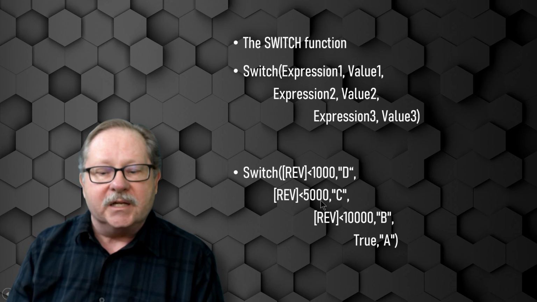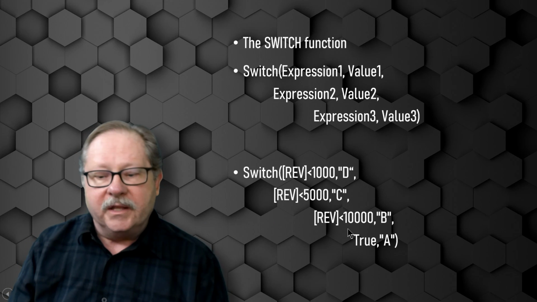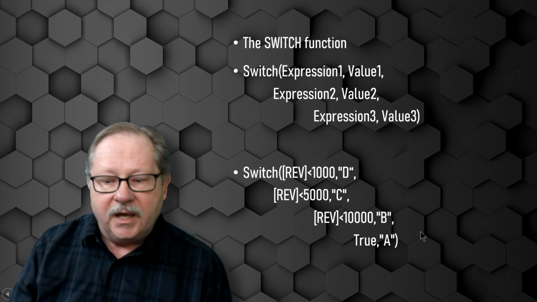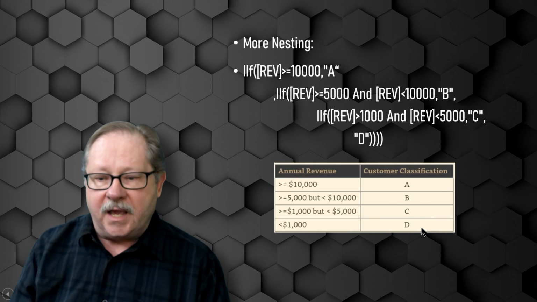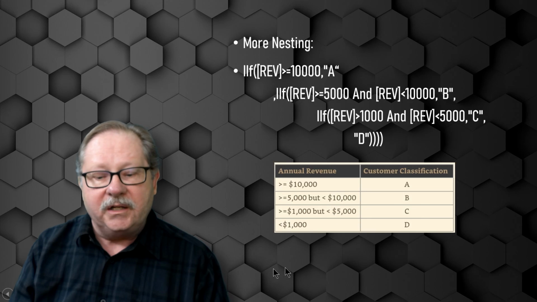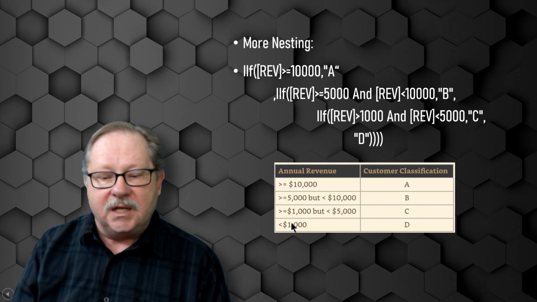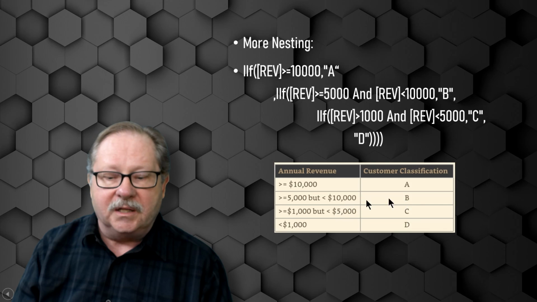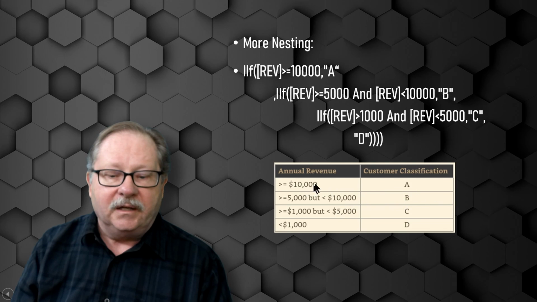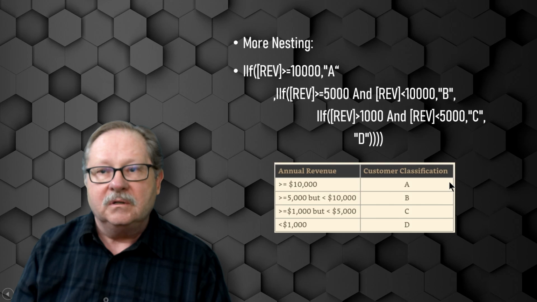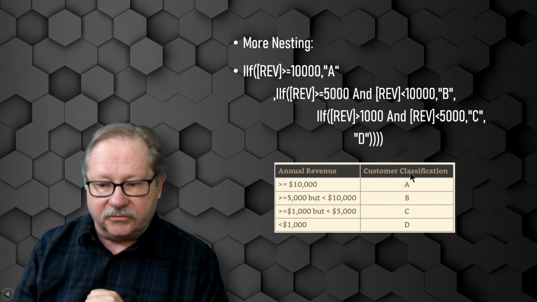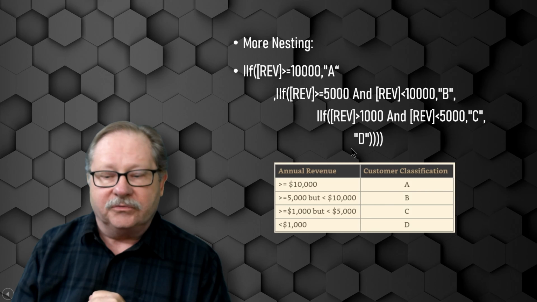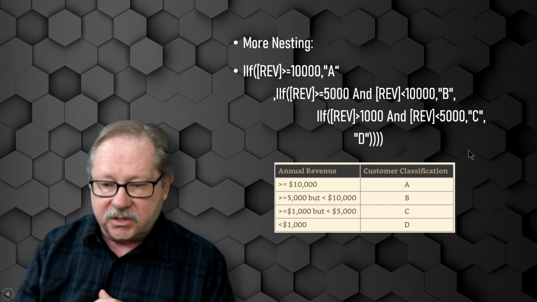Now we'll eliminate the next band under 5,000, then we'll do it under 10,000, and then we'll just say the rest of them are true and give the last one an A. So essentially what we've done here is start with the D, less than 1,000, then the C, less than 5,000, B, less than 10,000, A, greater than 10,000. And we've given all of the conditions. The A becomes the default in here, where the D was the default when we did an if-then statement.